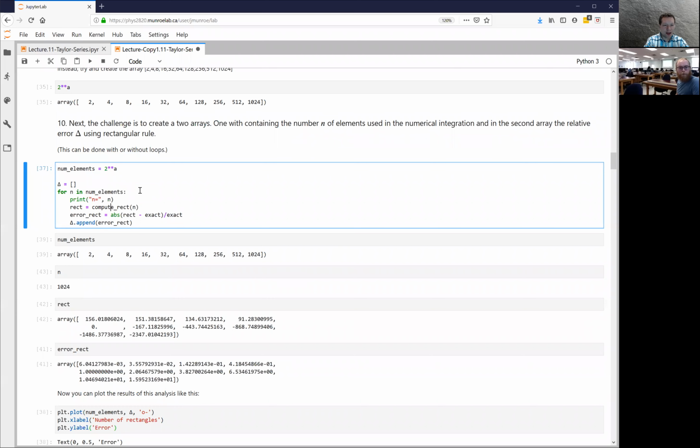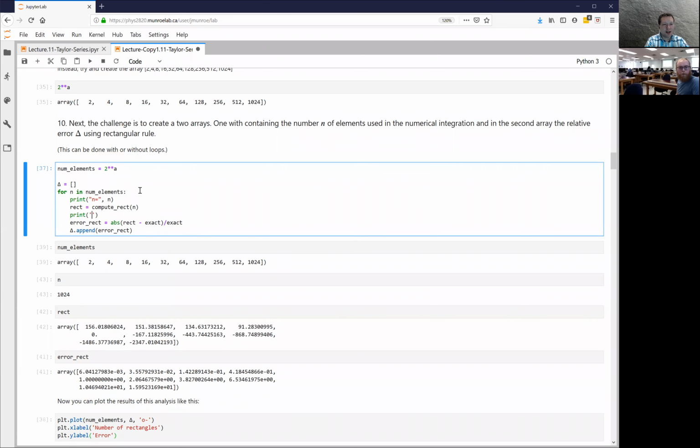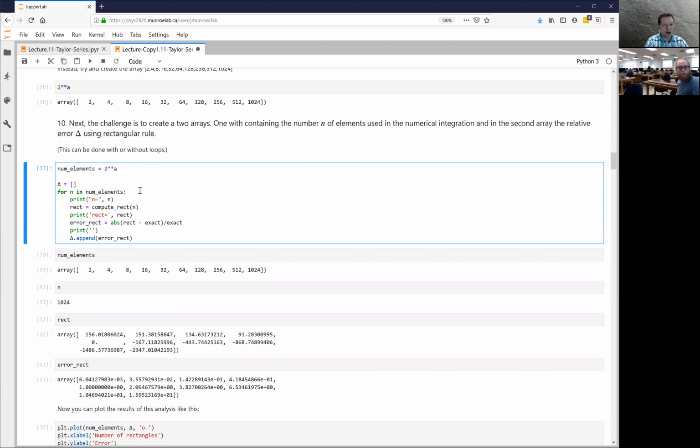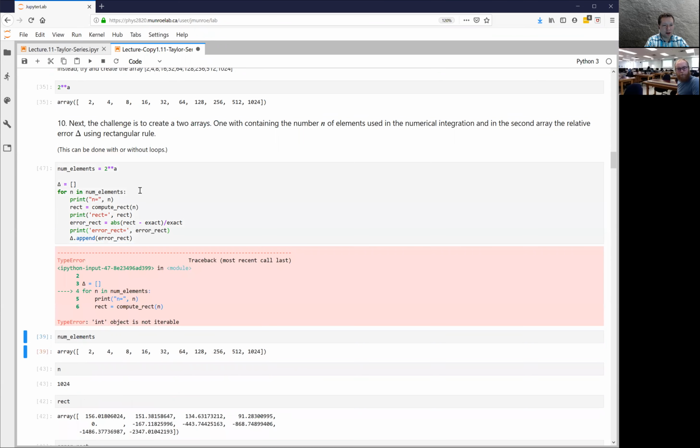Let's print out what that is. And let's print out what that is. There are other ways of debugging, but this will work for our purposes.